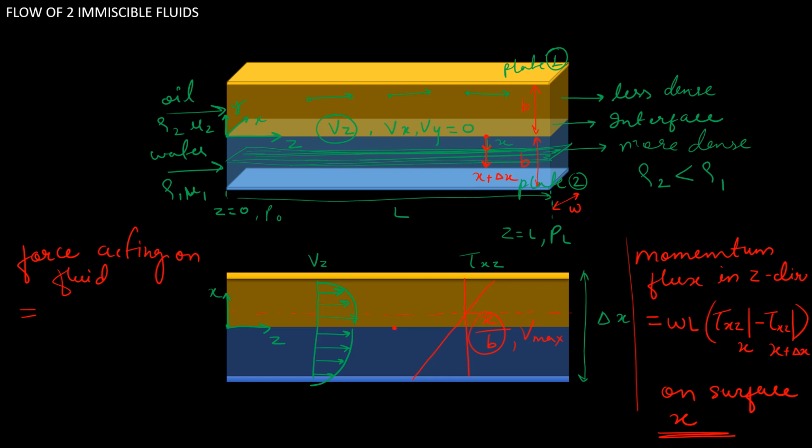Therefore P naught minus PL per unit length on the surface of this plate, that is width into length. So this is the force acting on fluid. So let's do the shell momentum balance to find velocity profile and shear stress distribution.